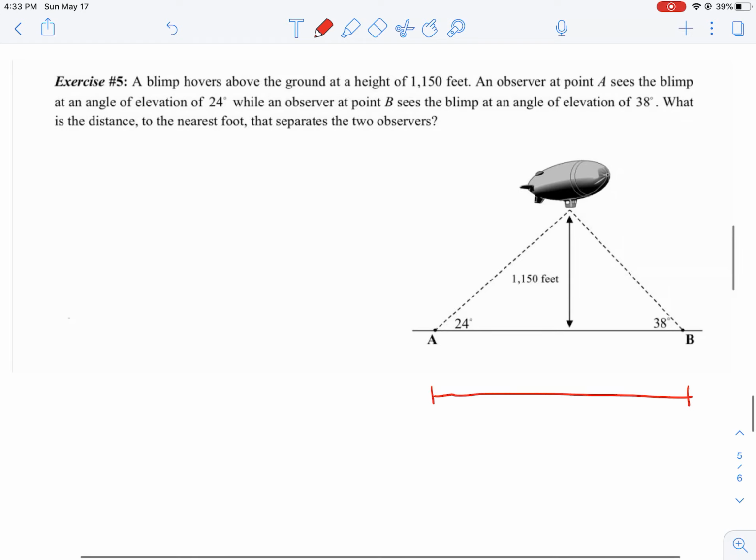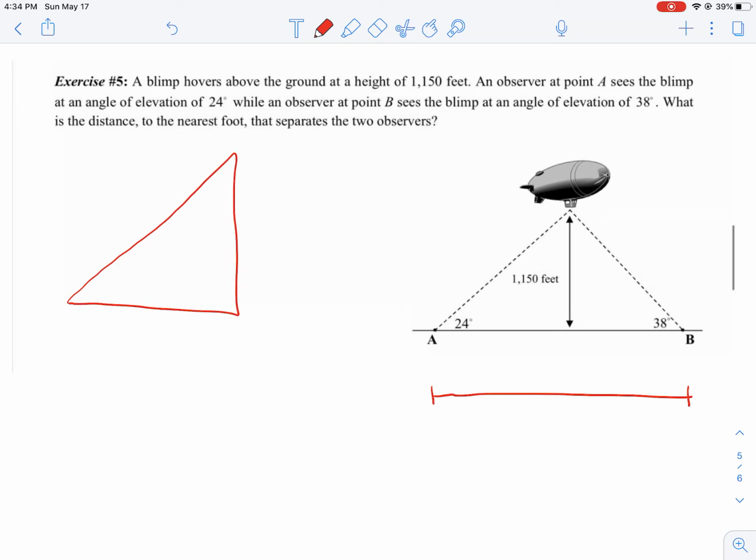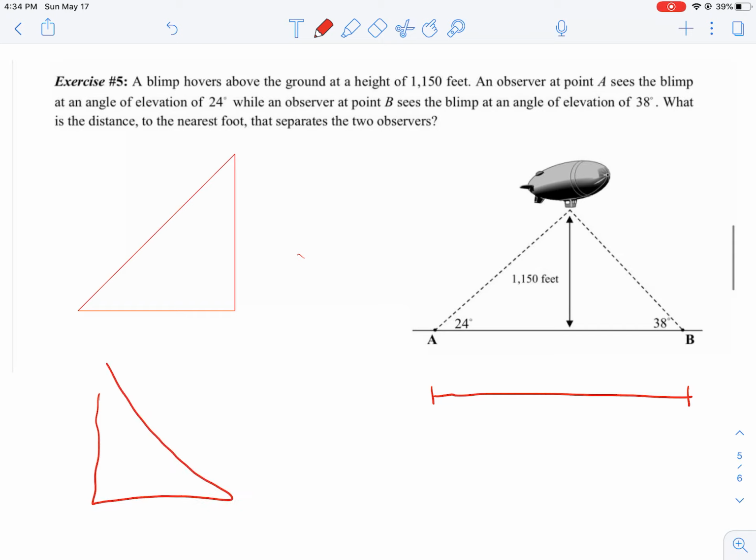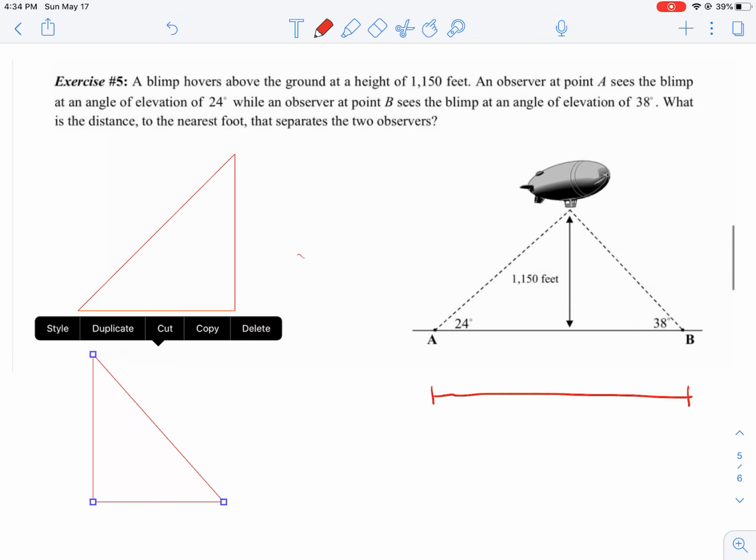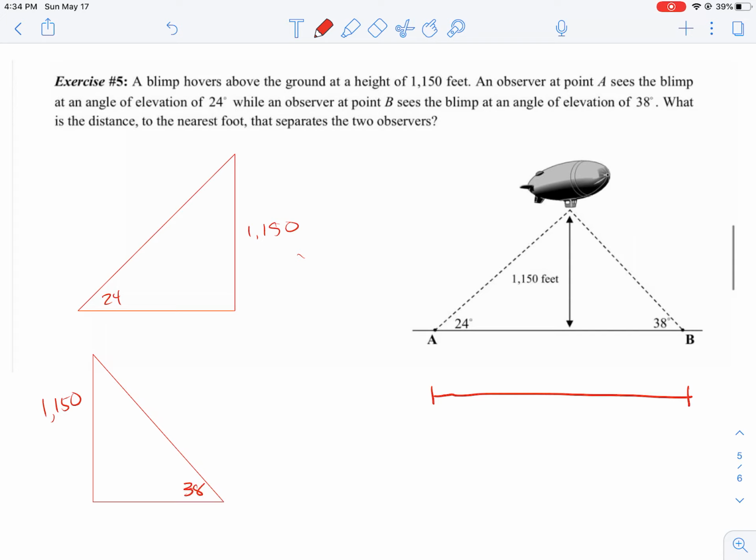In order to do so, we're going to have to split up a couple triangles here. We got this one right here, and we got this one right here. This one's 24 degrees, and this one is 38 degrees.